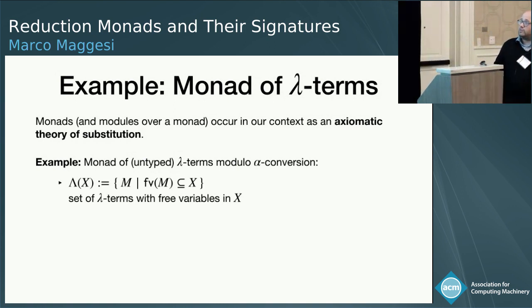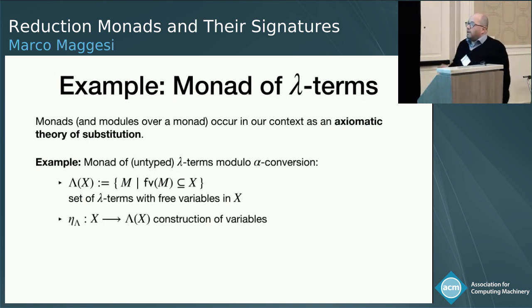We define this functor Lambda, which is defined by the following rule. Lambda X is the set of lambda terms with free variables in X. So the easy example is when X is the empty set, you get the set of closed lambda terms. And then you have an embedding from X to Lambda X, which is the constructor for variables, which gives you the unit of the monad.